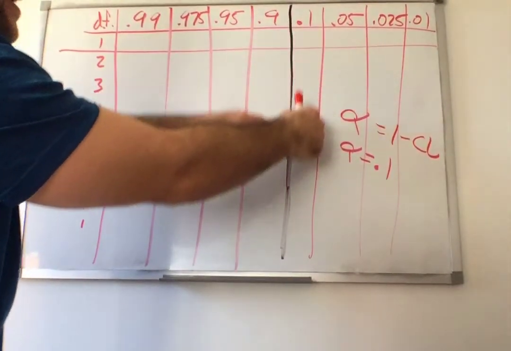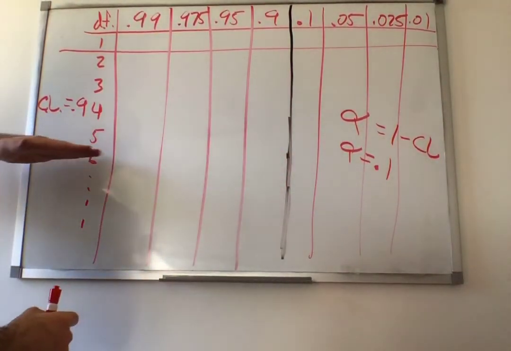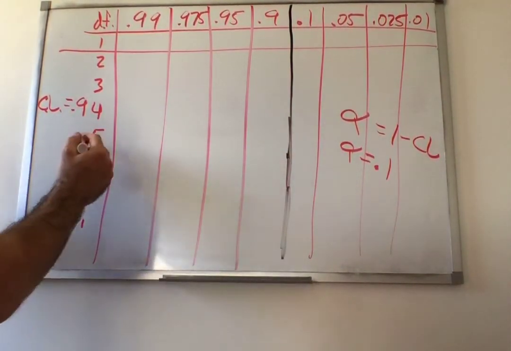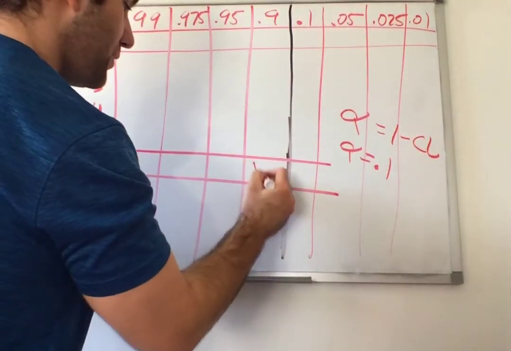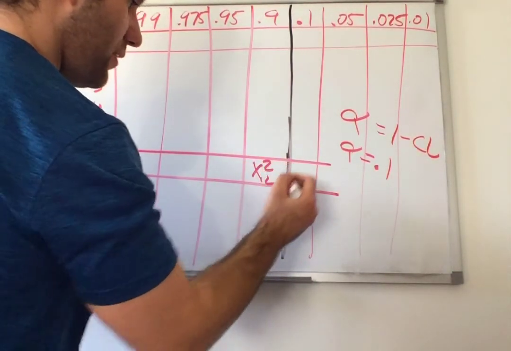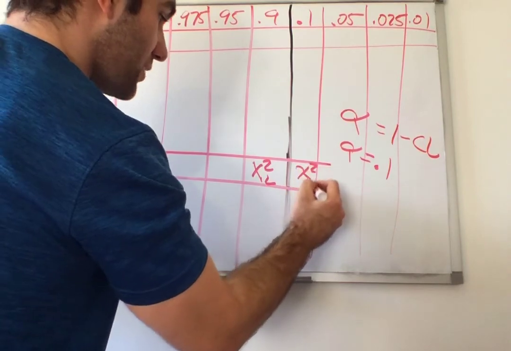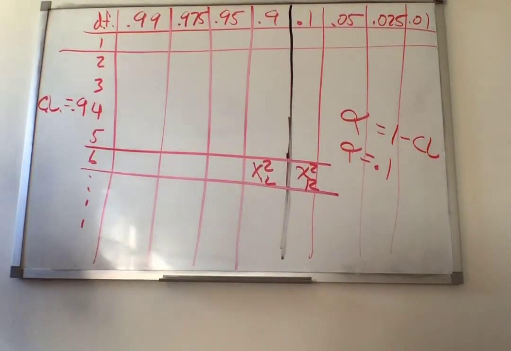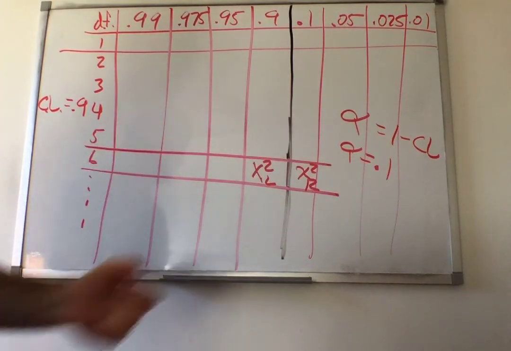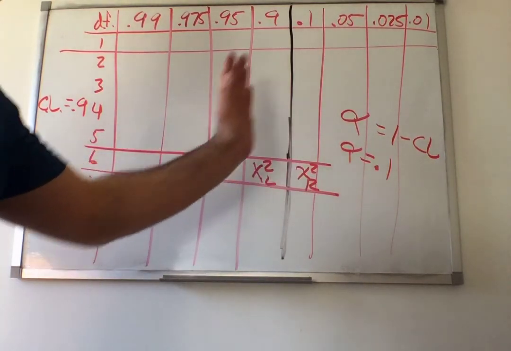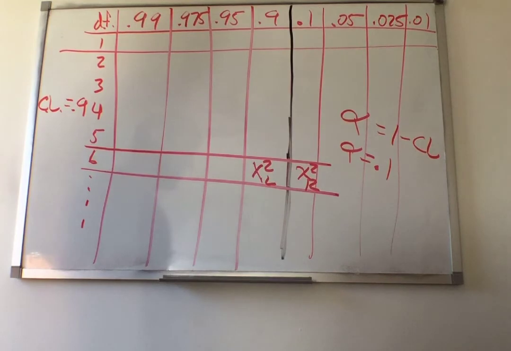You would just look in this column for whatever degrees of freedom that you want. So let's say you wanted 6 degrees of freedom. This would be your chi-squared left value. This would be your chi-squared right value. It's the left value because it's coming from the left side of the table. This is the right value because it's coming from the right side of the table.